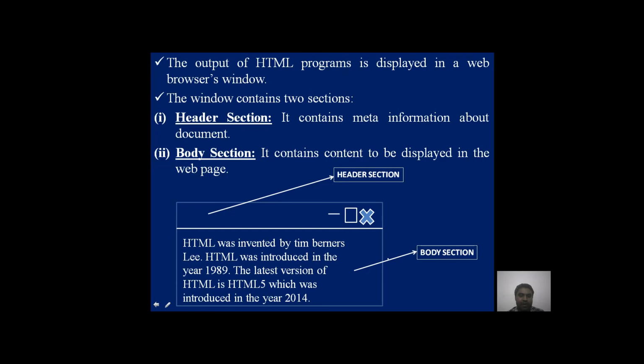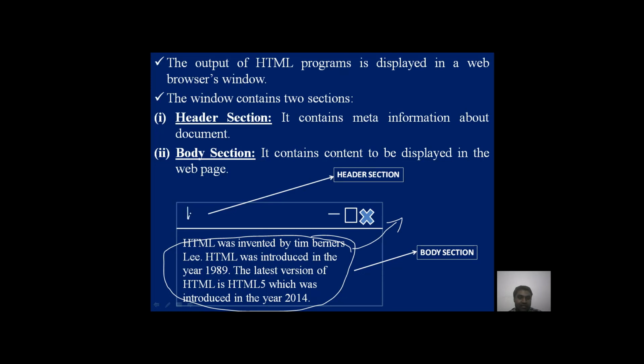HTML was invented by Tim Berners-Lee. HTML was introduced in the year 1989. The latest version of HTML is HTML5, which was introduced in the year 2014. This is the content held by the body section. Now the header section has to describe this data. If you closely observe, this data is going to explain the history of HTML.